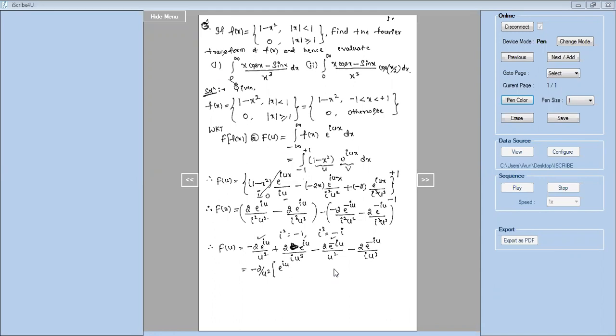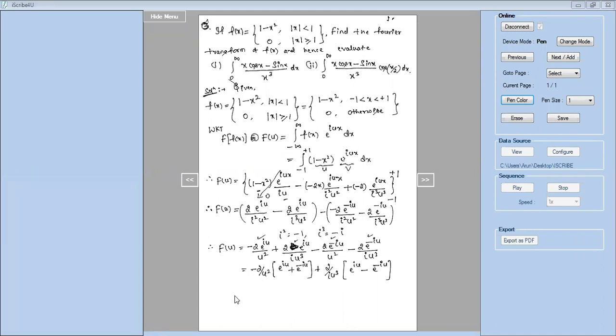E power I into u plus e power minus I u. And from the second term and the last, I can take plus 2 by I into u cube common. So we get e power I u minus e power minus I u. Right? Just take common factors, we get this.